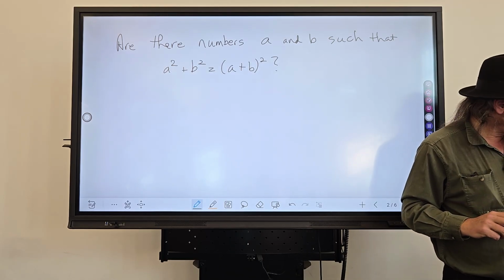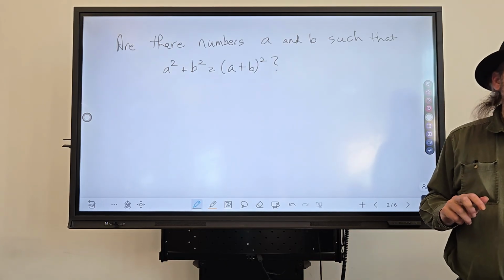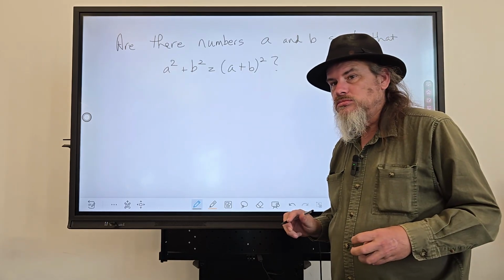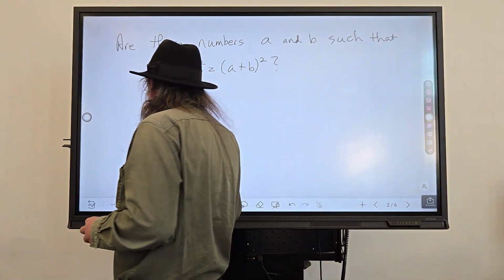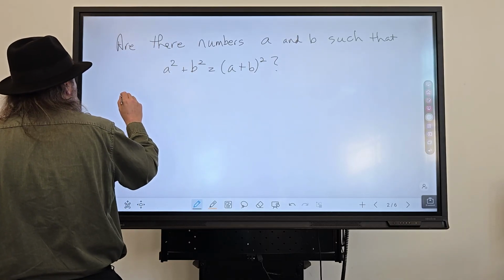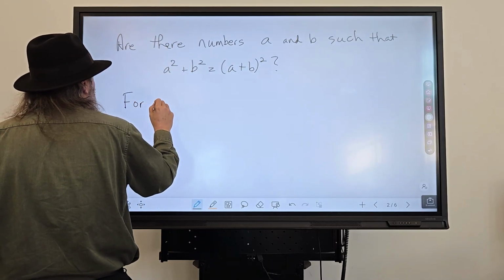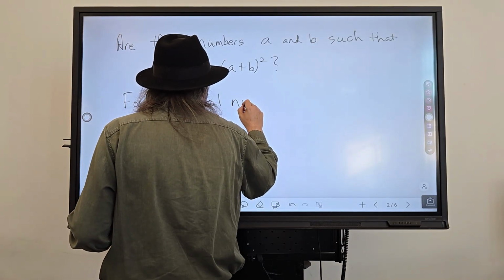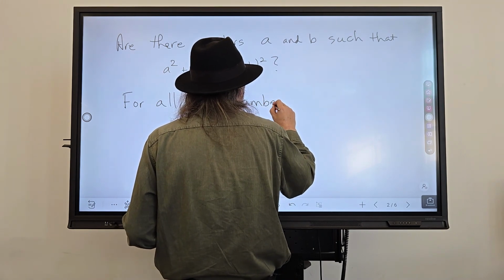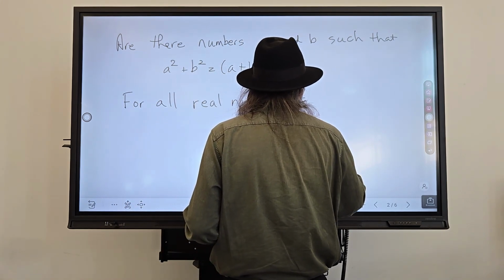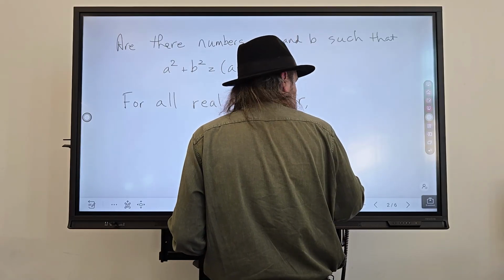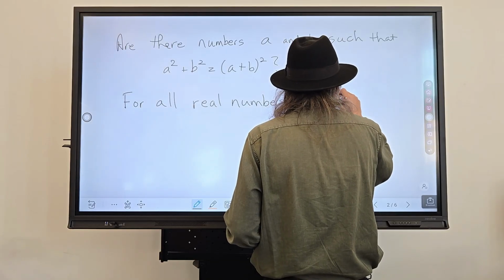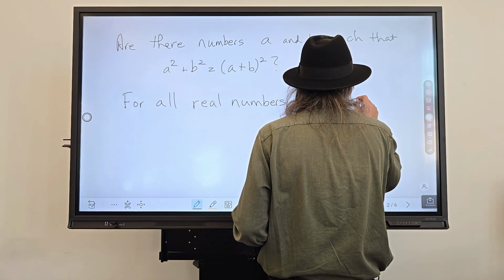Given any real number, its square is non-negative. Okay? So you would write that as for all real numbers R, R squared is greater than or equal to 0.